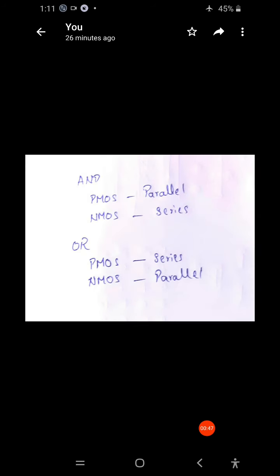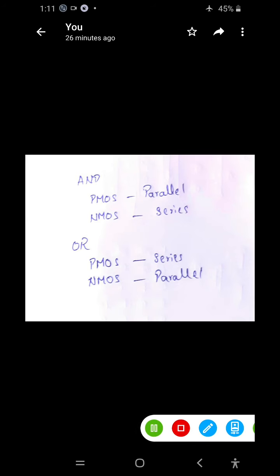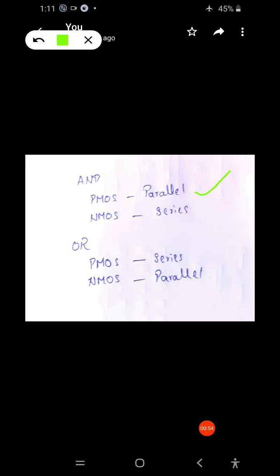Already I told you, for an AND gate the PMOS transistors should be in parallel and the NMOS in series. For an OR gate, the PMOS should be in series, and the NMOS should be connected in parallel. The NAND gate is the same as the AND operation.